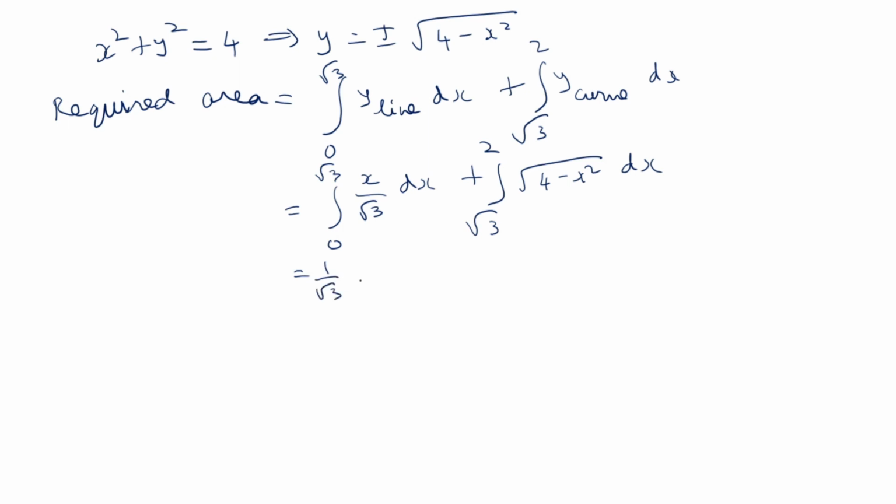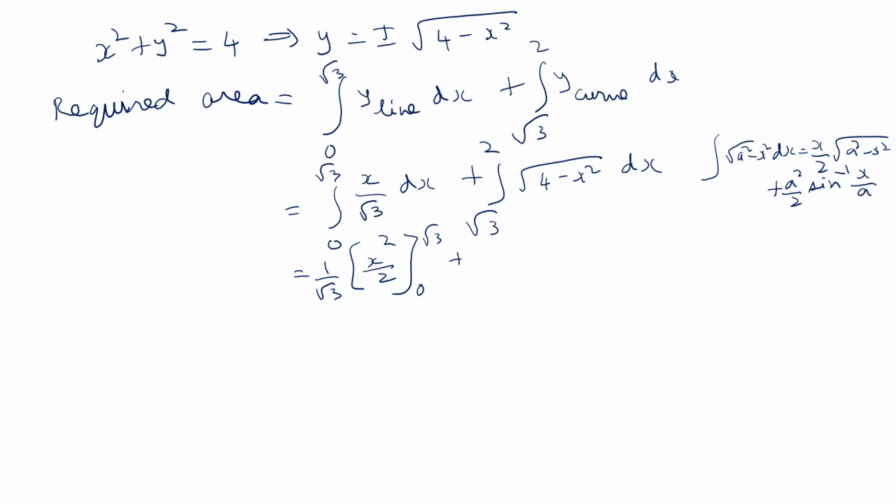This is equal to 1 by root 3 into x square by 2 from 0 to root 3, plus we know that integral root of a square minus x square dx is equal to x by 2 root of a square minus x square plus a square by 2 sine inverse of x by a.